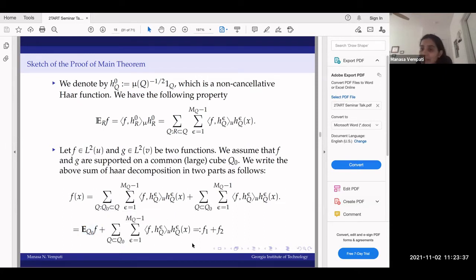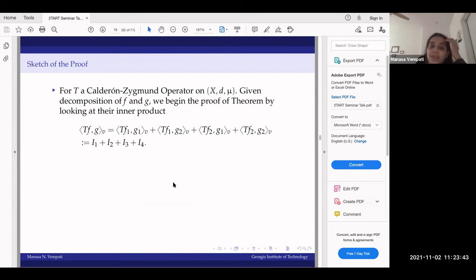We have a similar decomposition for g in terms of g_1 and g_2. As I said earlier, we start the proof by looking at the inner product of Tf and g. Now that we have a decomposition for f as f_1 plus f_2 and g as g_1 plus g_2, we can write this inner product as a sum by using the properties of the inner product. I'm going to call these pieces I_1, I_2, I_3, I_4 respectively.